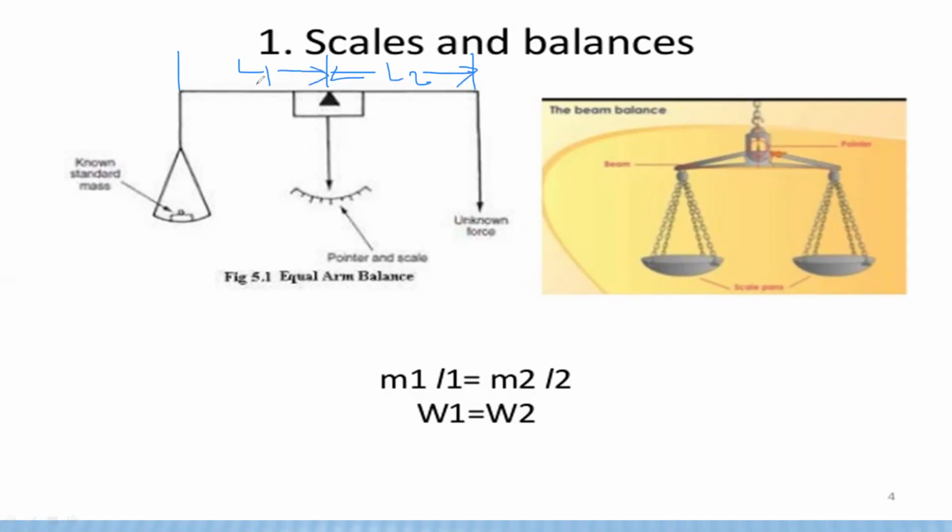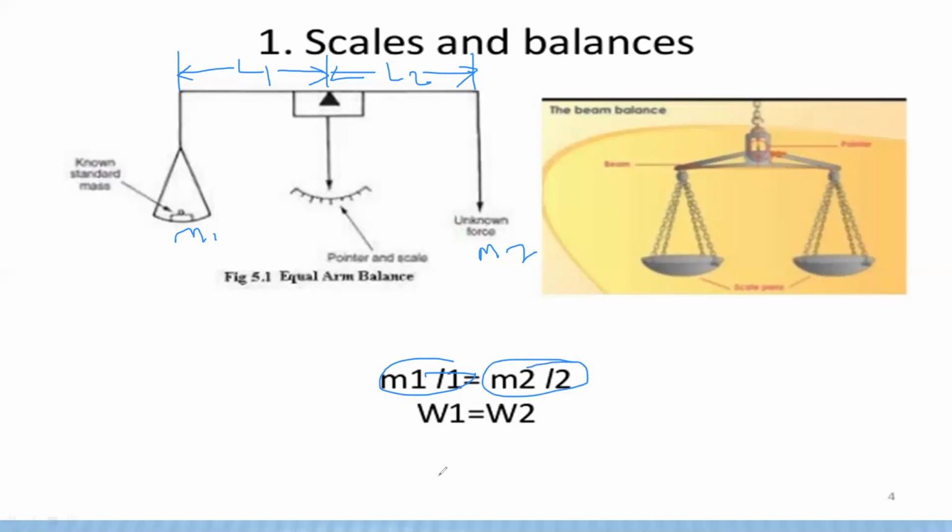The length L1 is the distance between the pointer and the known standard mass on the left side, and L2 is the distance between the pointer and the unknown mass. The masses are M1 and M2. M1 L1 is equal to M2 L2.